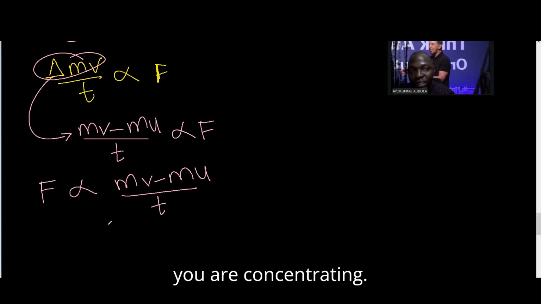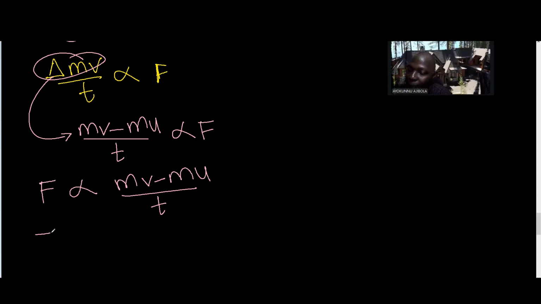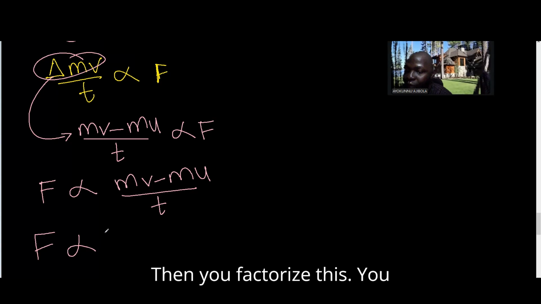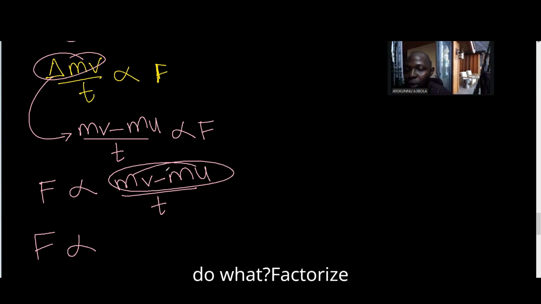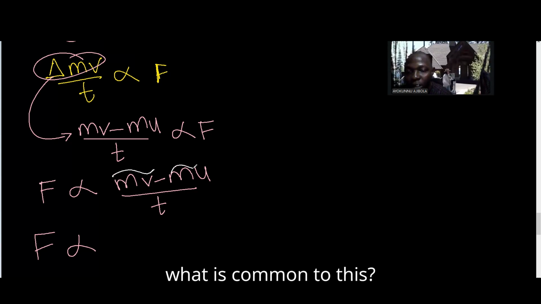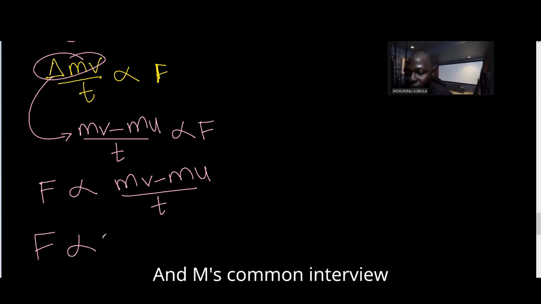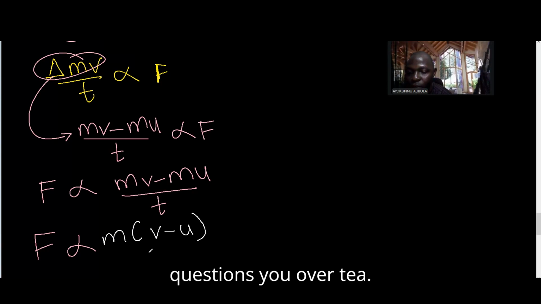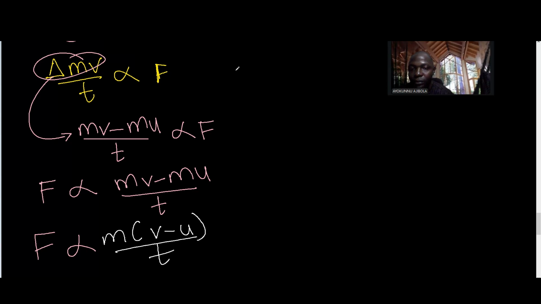Please make sure you are concentrating. Then F, you factorize this. What is common to this? M is common. So M times V minus U over T.